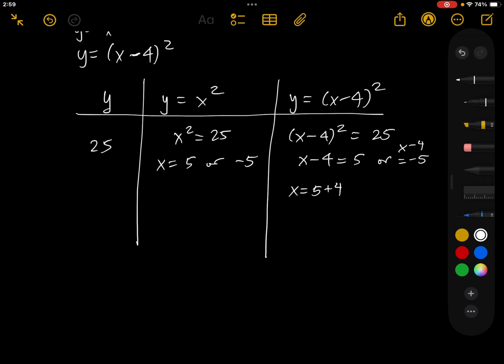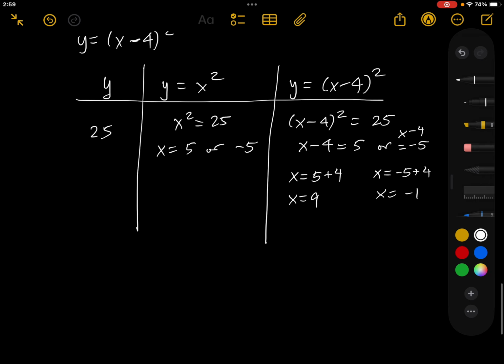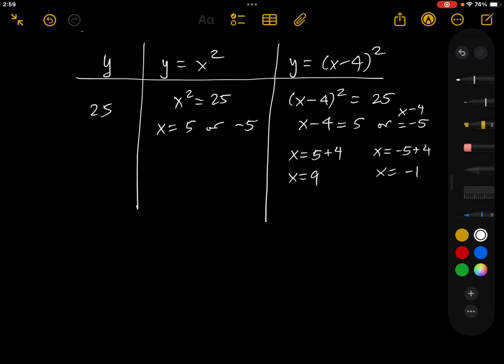We get 5 plus 4. That's 9. In the second case, we add 4 again. We get negative 5 plus 4. That's negative 1. So when y is 25 and y equals x squared, then x is either 5 or negative 5. But when it's x minus 4 in parentheses squared, x is either 9 or negative 1.